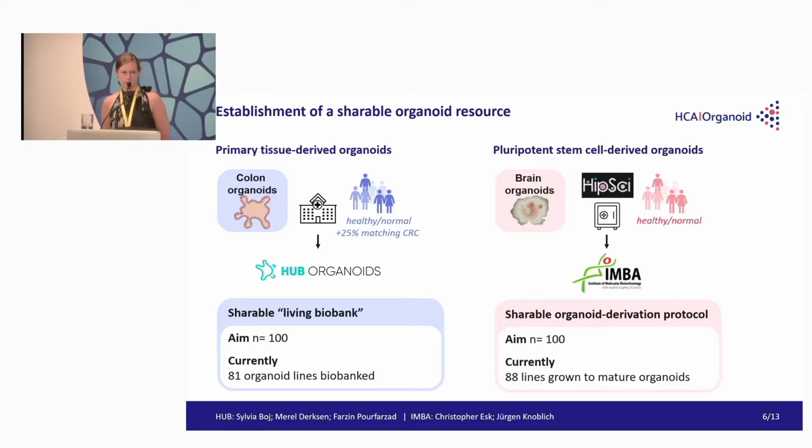Currently, we biobank more than 80 lines already, so that's good progress. On the other hand, we have the pluripotent stem cell-derived organoids, the cerebral ones, which we derive from already biobanked iPS cell lines under the HipSci initiative. There is also the aim to derive organoids from 100 different cell lines, and we have currently managed to grow 88 of those.